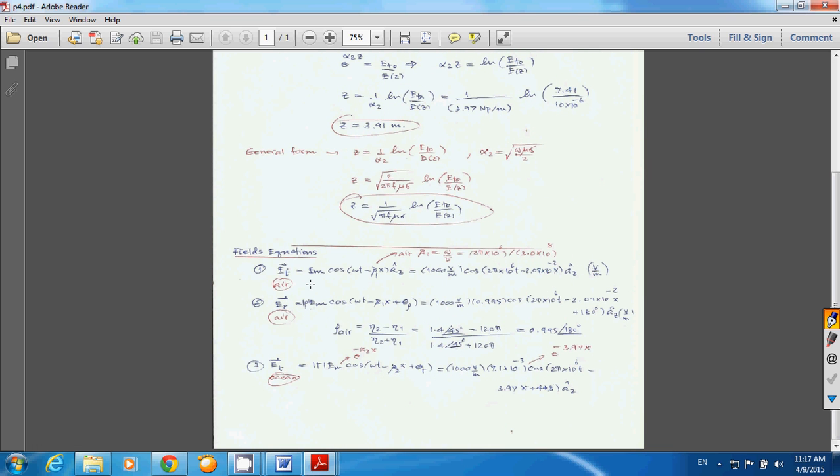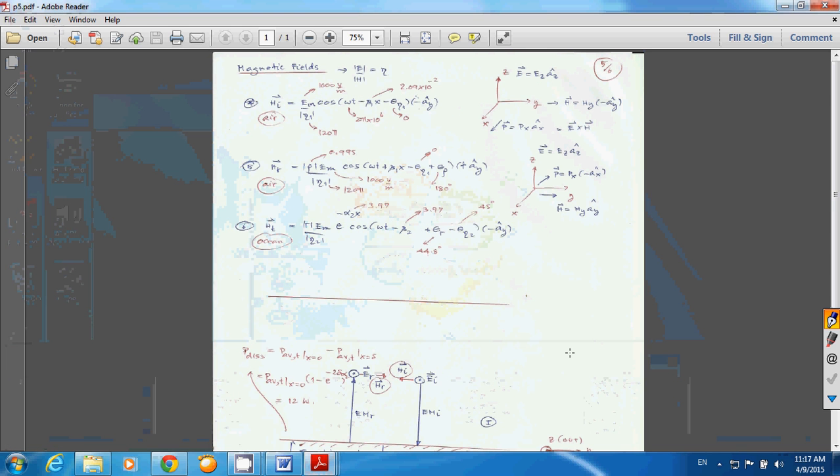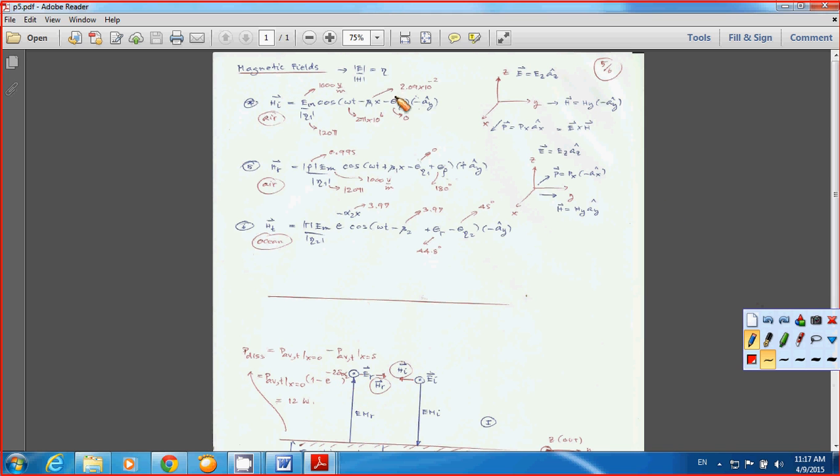Alright, let's move on to the magnetic field equations. From the relation E over H equal to eta, we can write HI is still moving in the positive x direction. You have negative beta 1 x here, and it's still in medium number 1.